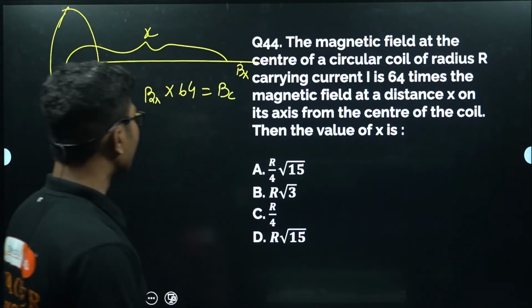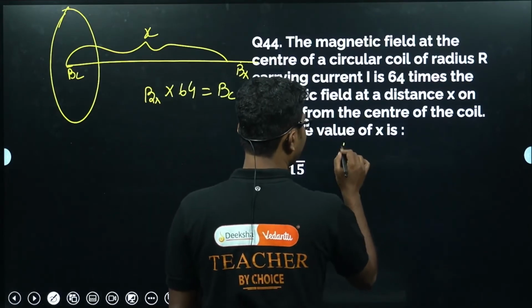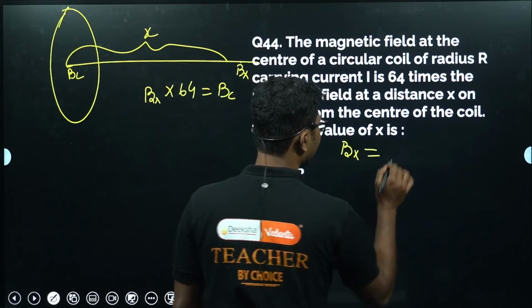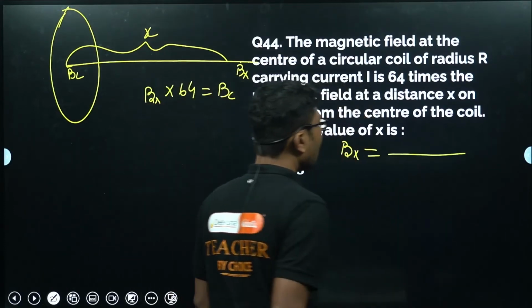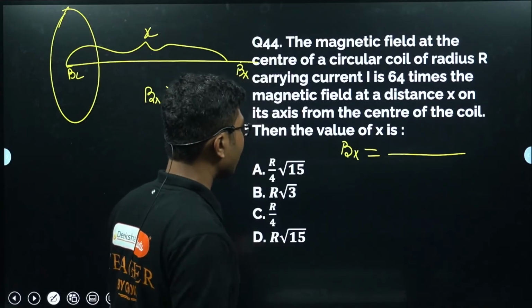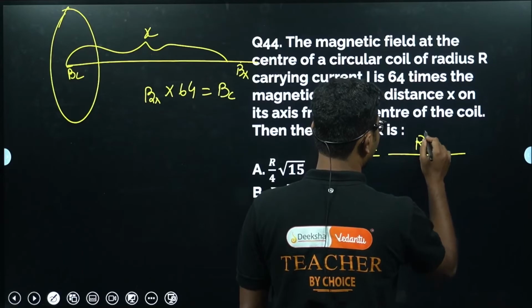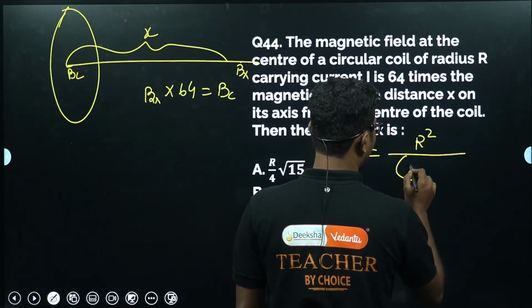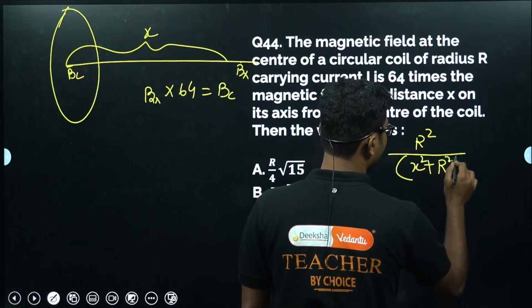So, what we have to do? We have to find the value of x. Now, for that we have to know the magnetic field at a point x is proportional to r square divided by x square plus r square to the power 3 by 2.